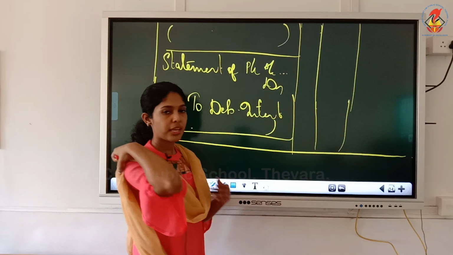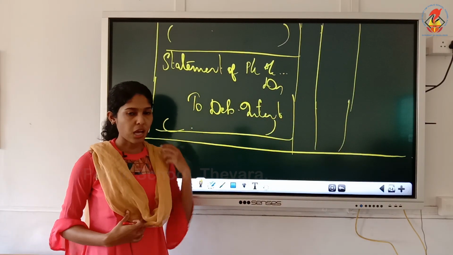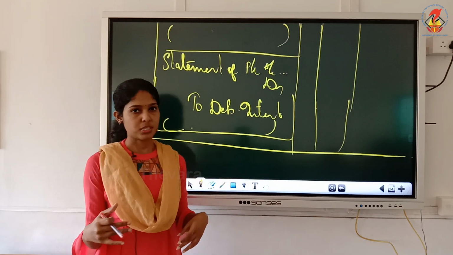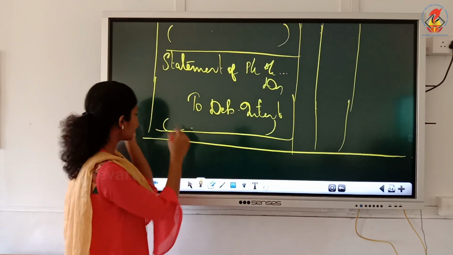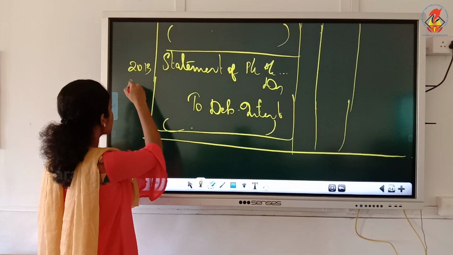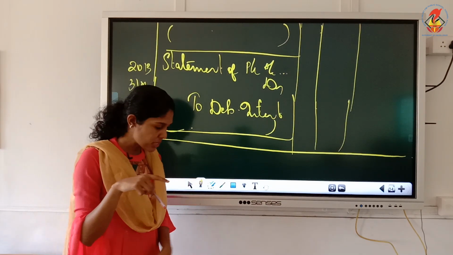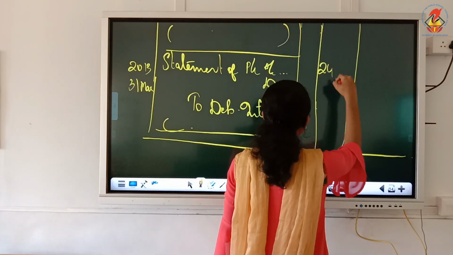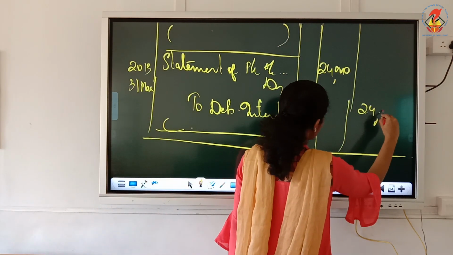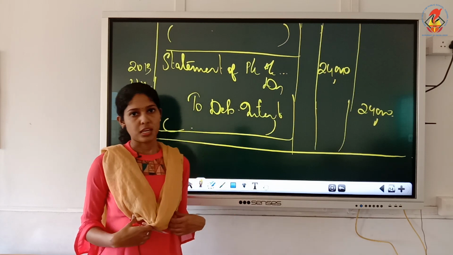Are you going to write the amount 12,000? That 12,000 is the interest for 6 months. When you write at the end of the year, that is the date here is 2013 31st March, you have to consider 1 year interest. That is 12 plus 12, 24,000 you have to close to P&L account.